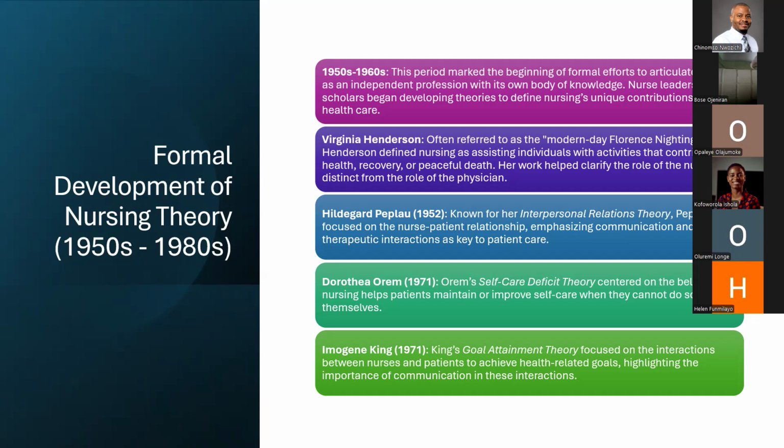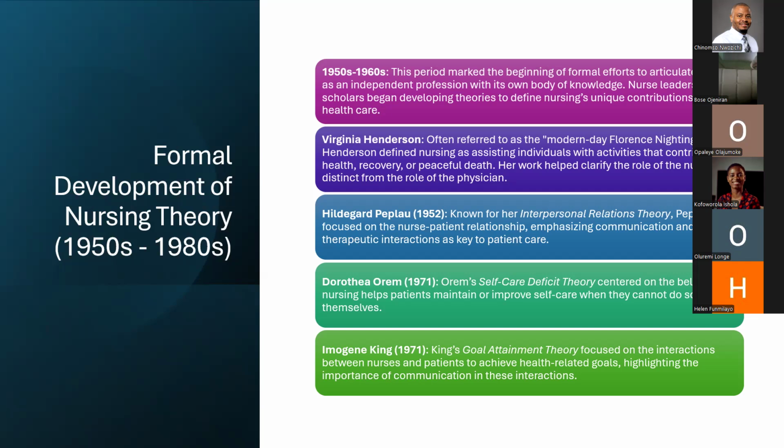However, when they come together, the goal of the nurse and that of the patient, the perception of the nurse and that of the patient has to be combined, has to be harmonized in order to bring an action. The action will result into interaction. The interaction will result into transaction, and transaction will result into goal attainment at the end of the day.